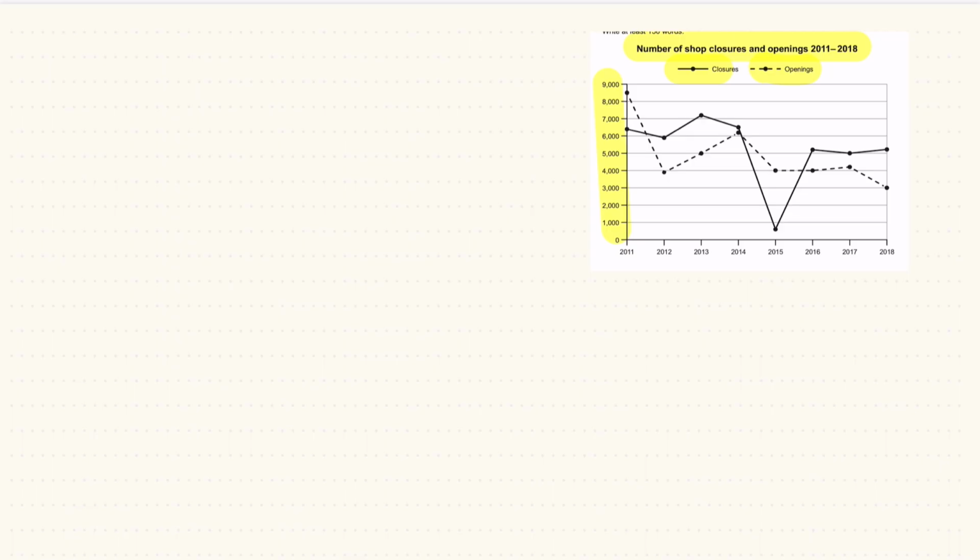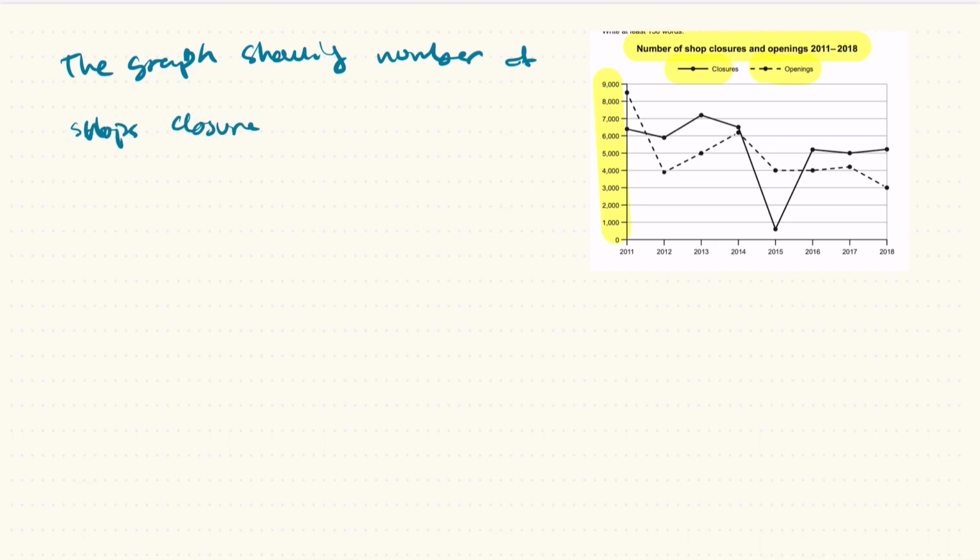So first you describe what the graph is describing. So big picture. So you can say the graph is depicting, or showing, the number of shop closures and openings. By the way, don't use this ampersand symbol. Let me be a good example.